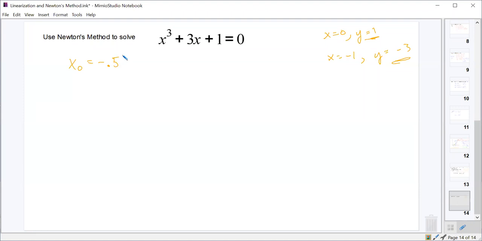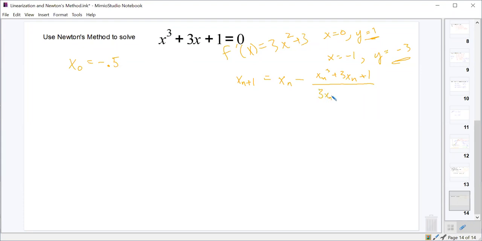And what's the formula we need to use? The next guess should be the previous guess minus the function at the previous guess divided by, well, let's see, what is f prime of x here? It should be 3x squared plus 3.